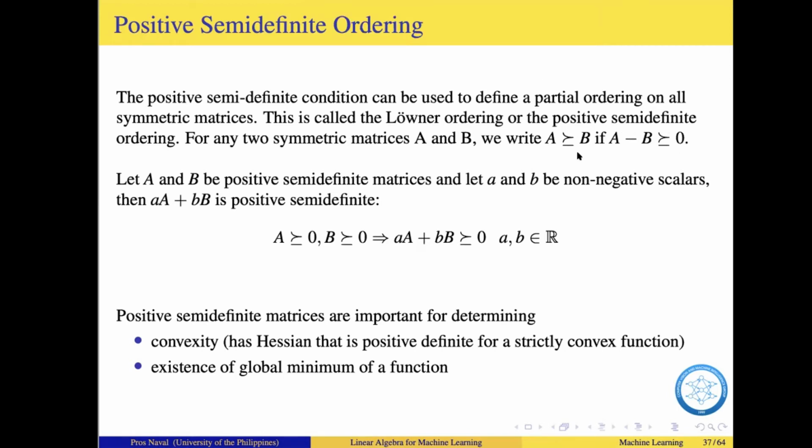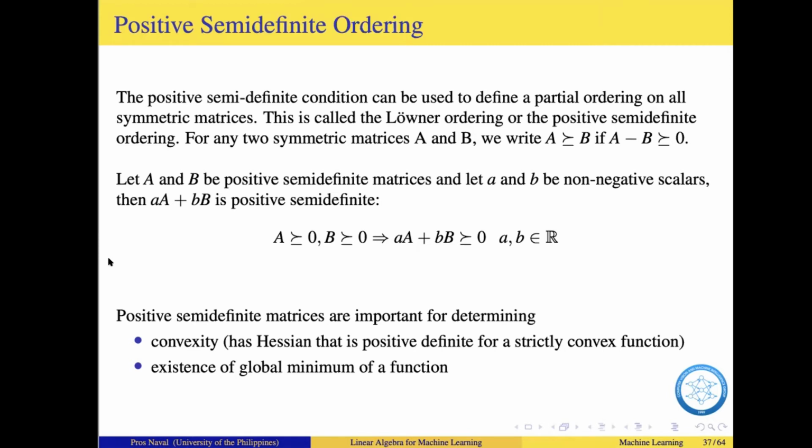So that's how we define this ordering. Let A and B be positive semi-definite matrices, and let a and b be non-negative scalars. Then aA plus bB is positive semi-definite.